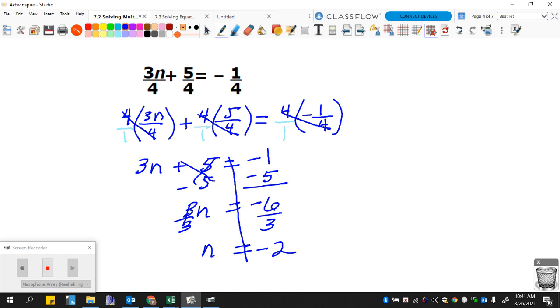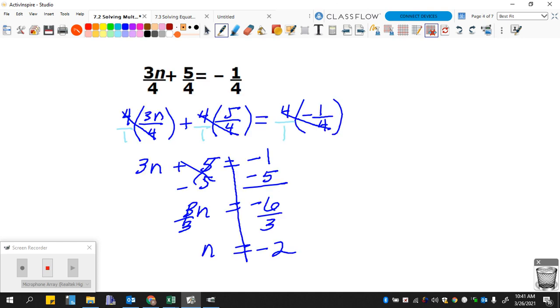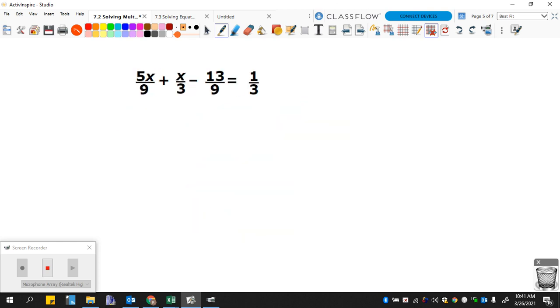Unfortunately, most of the time, the denominators don't end up being the same. In this equation, we notice we have a denominator of 9 and a denominator of 3. So if we find the multiples of 9 and the multiples of 3, well, 9 times 1 is 9.